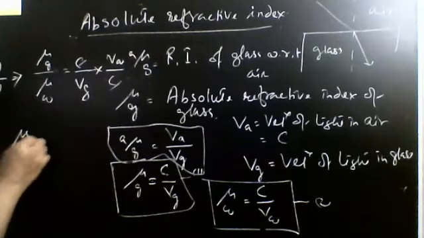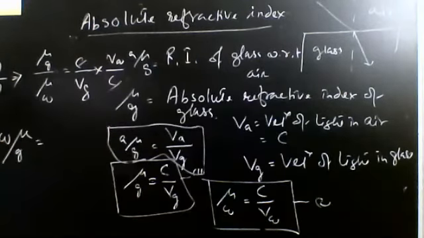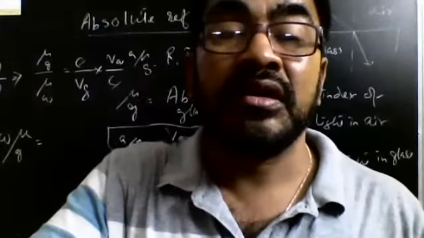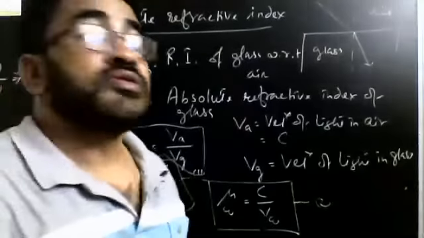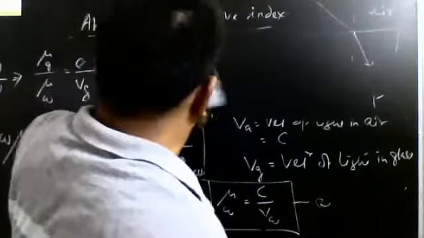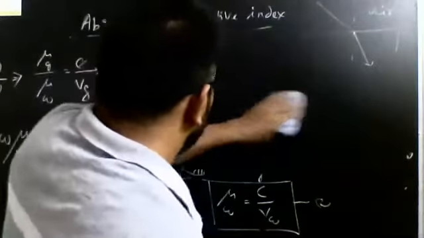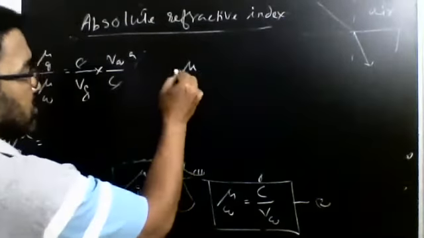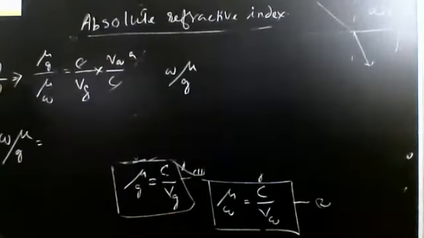So if you want to find out mu Z by mu W, okay? So what do we want? We want mu Z water. Okay, mu Z water.